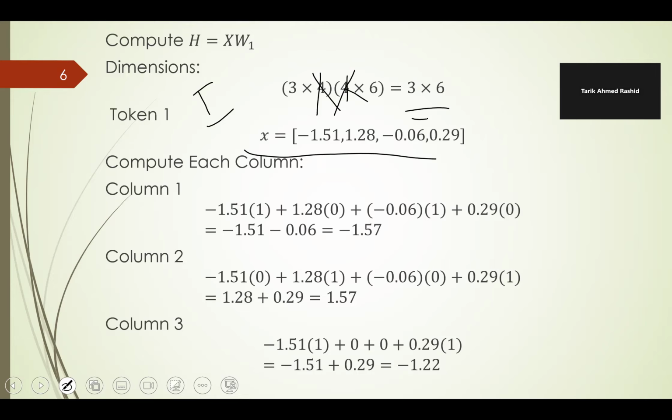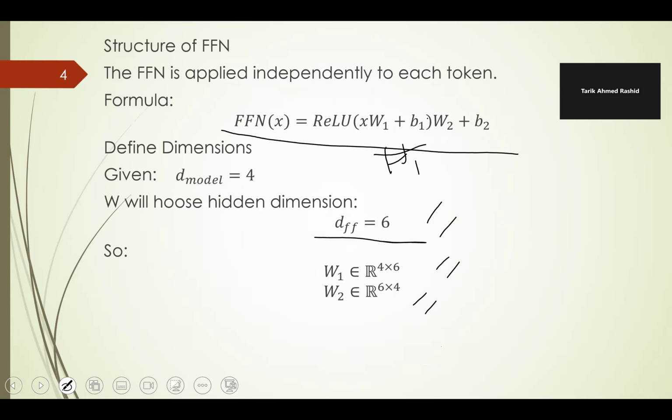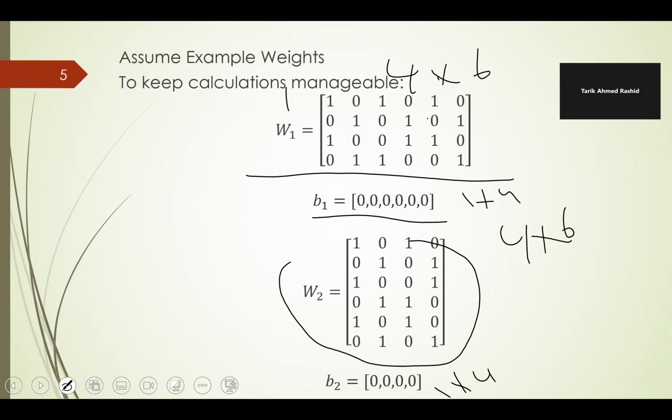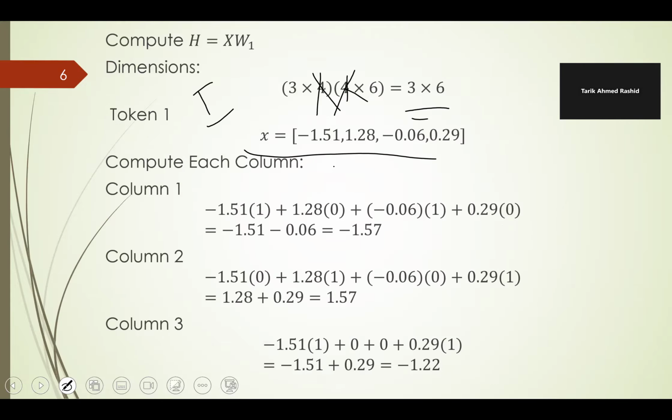Now, if we multiply 1.5 by 1 and 2.5 by 0, so let me show you, we multiply the first cell by this one and the second cell by this one, and so on and so forth. So we find the result for the first column. The second column, again, the first multiplied by the second.